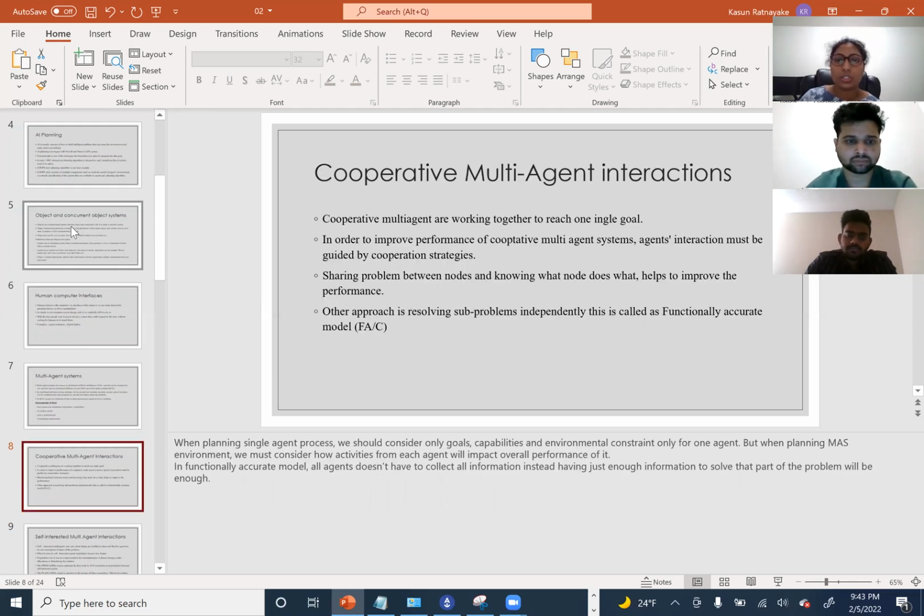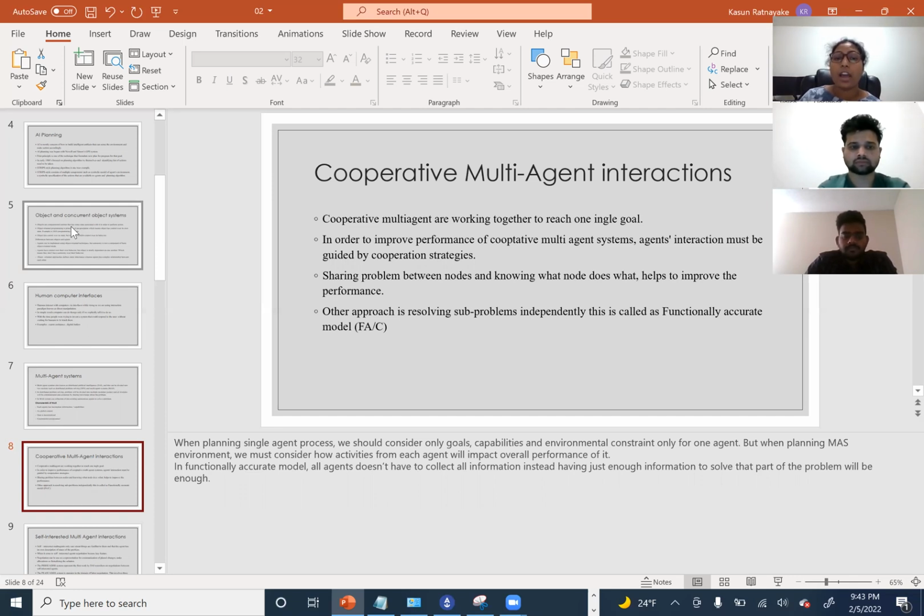Cooperative multi-agent interaction means cooperative multi-agents are working together to reach one internal goal. In order to improve the performance of a cooperative multi-agent system, agents' interaction must be guided.